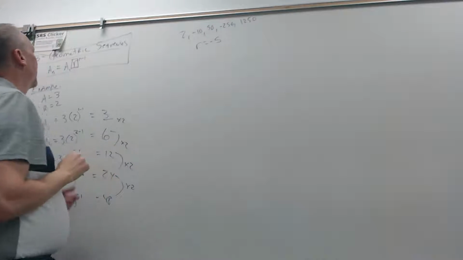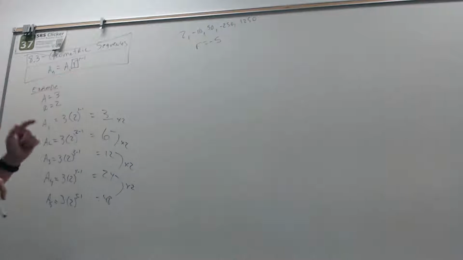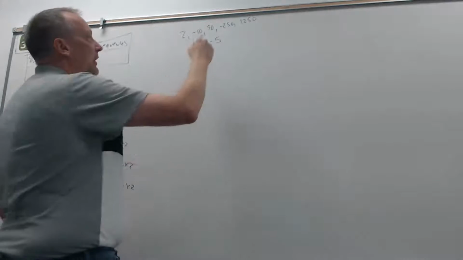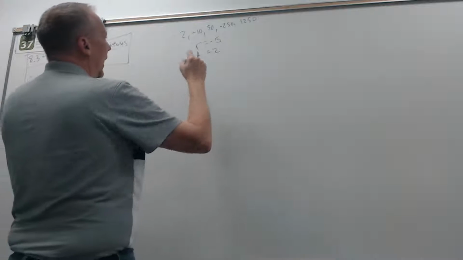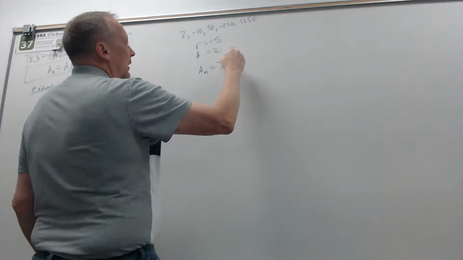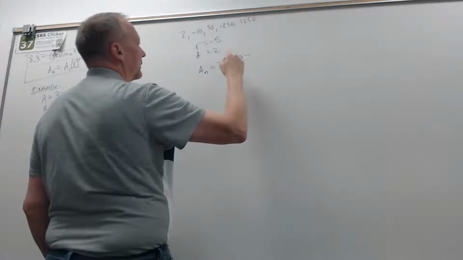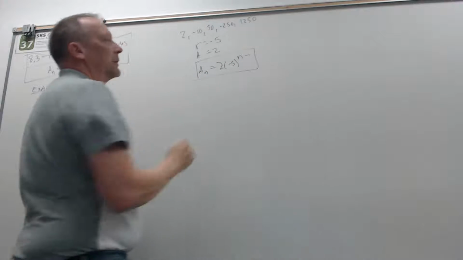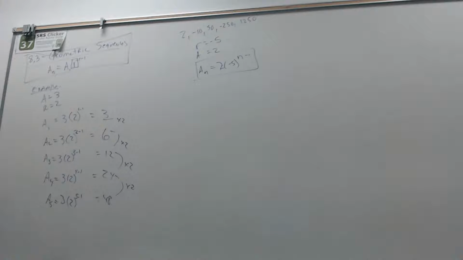Now, could you come up with a formula like this? A sub n. What was your A? What's your first term? 2. So A sub n would equal 2 times negative 5 to the n minus 1. Okay? It's terrible looking too, but there you go. Okay, so there is your formula for A sub n.